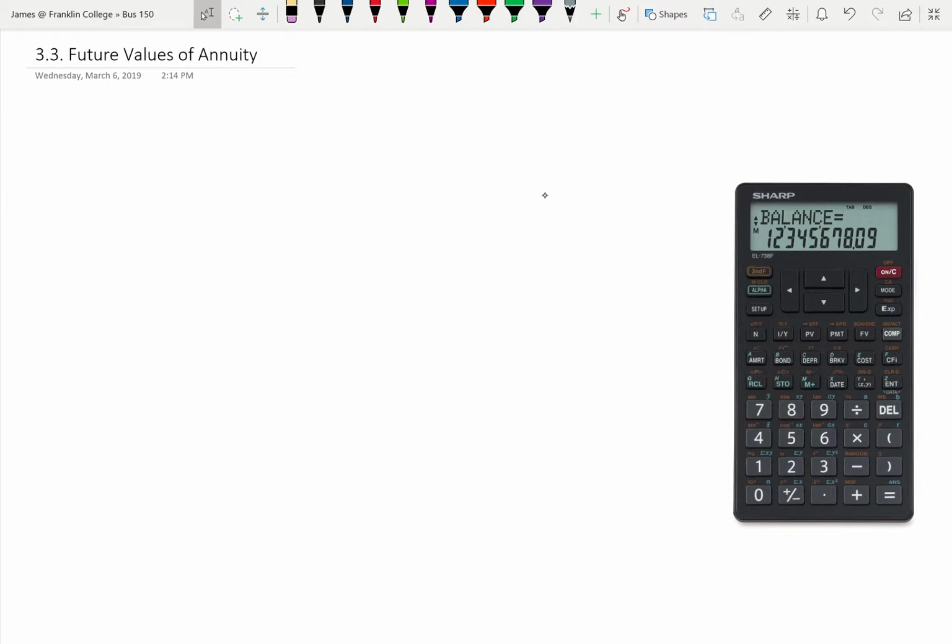Alright, so we're going to be doing section 3.3, future values of annuities. So far in our time value of money type questions, we have been dealing with single payments, like one lump sum payment. If I invest $10,000 into an account today, how much will be in that account at some future date?